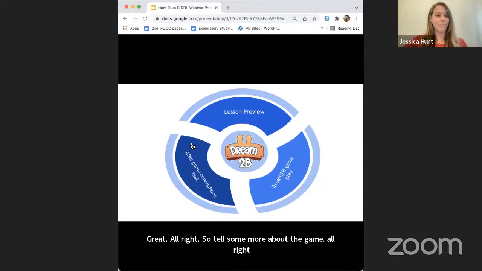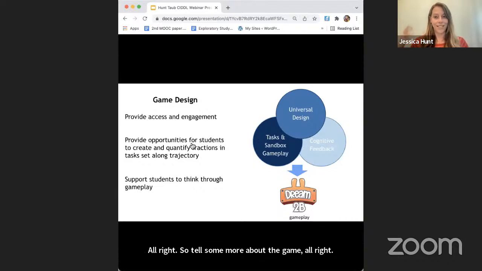All right, so it's also important to remember that the game itself was designed very purposively. What I mean by that is that it was designed to provide access and engagement through universal design for learning. It was also designed to provide opportunities for students to create and quantify fractions in these game-based challenges.